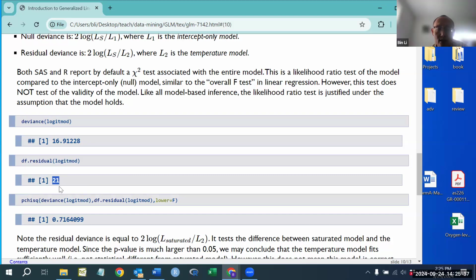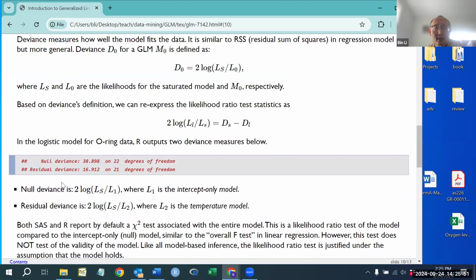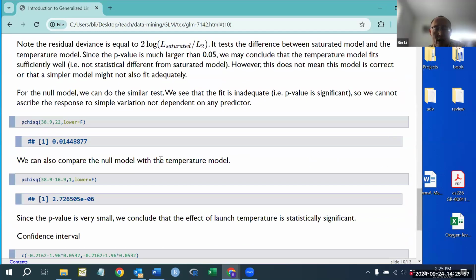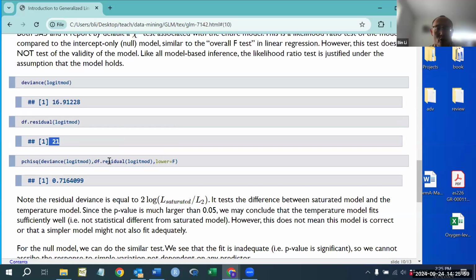Okay, so you may ask, why do we need to do that? Because if we know the residual deviance and we know the degrees of freedom for the residual deviance, then we can do some test, like a likelihood ratio test. To do the likelihood ratio test, we just need to compare with the chi-square, right?